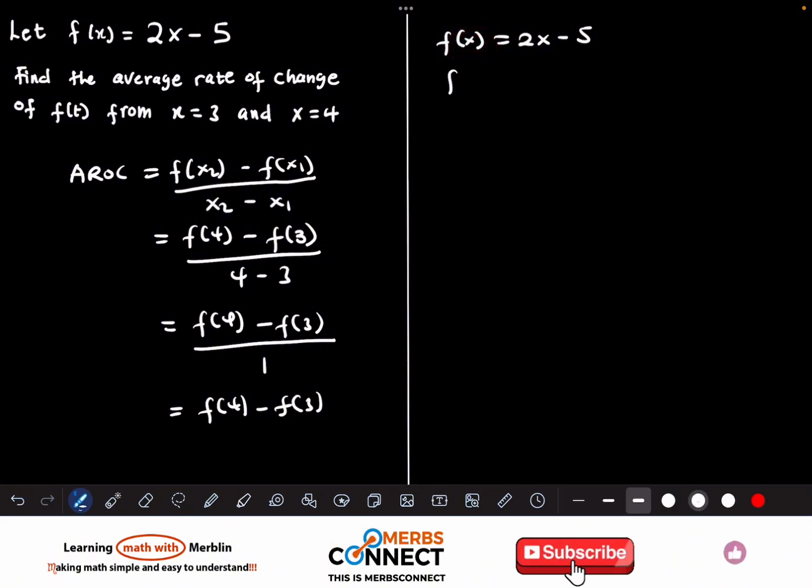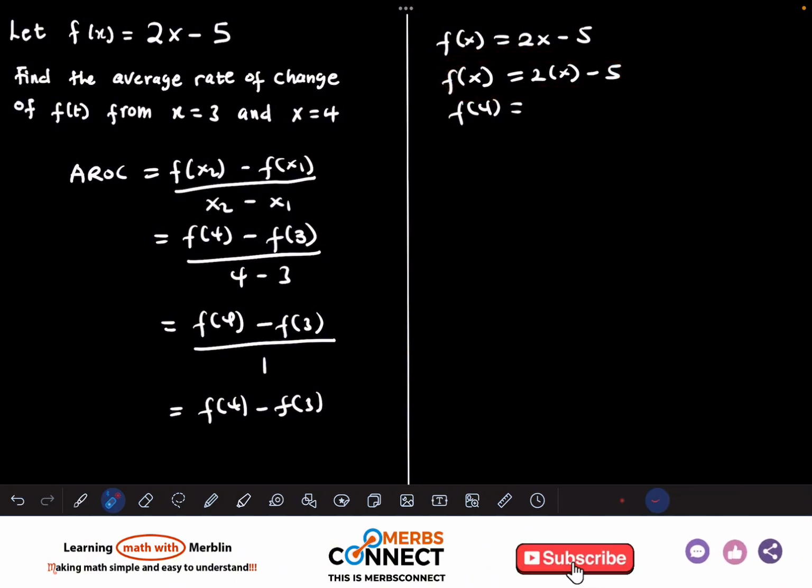So I'm going to have f of x equal to 2, and I'll put the x in parentheses, minus 5. This will help us to look for f of 4. We write the same function, but change everything in the parentheses to 4. So 2 times 4 minus 5, which is 8 minus 5, and we are going to have 3.